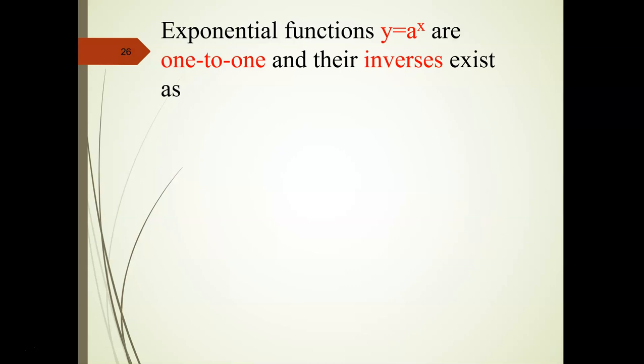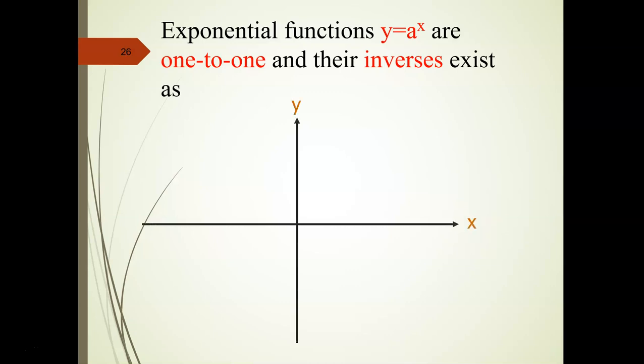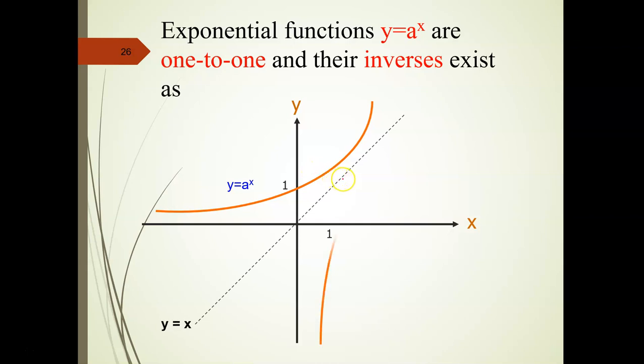Exponential functions y equals a^x are 1-to-1 and their inverses exist as follows. So this is your graph from the first part, y equals a^x. And this is the graph of the inverse, y equals log a of x. If you still remember, the relationship is inverse to each other.